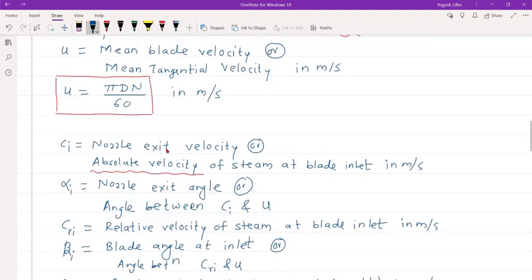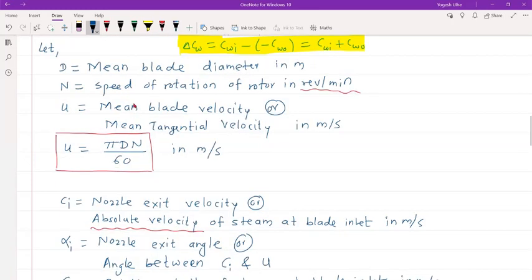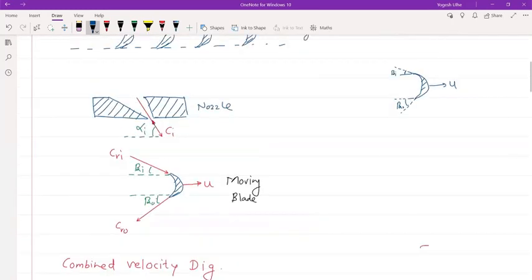Guys, try to see my point. Don't write anything. CI means nozzle exit velocity, the velocity with which the steam leaves the nozzle and enters the moving blade.